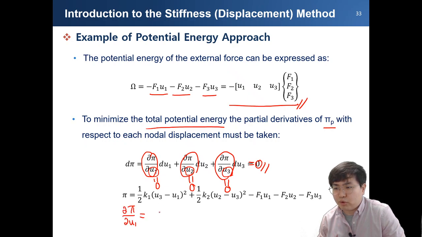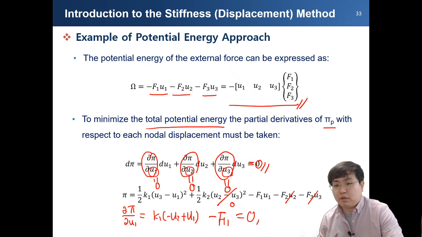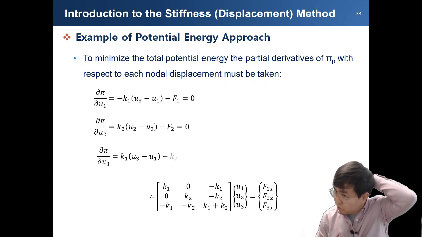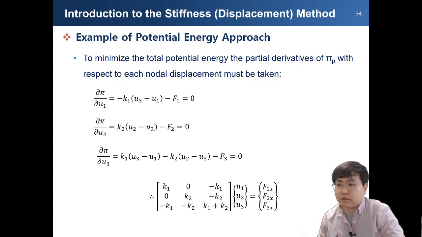Here we have u1, so that cancels out, and then minus u3 plus u1, and there is no u1 value, so it becomes 0, and there is no u1 here, so it becomes 0. Similarly, you can obtain the two more equations: the first equation, the second equation and the third equation.